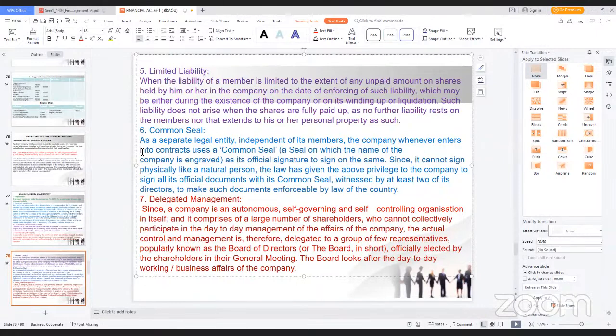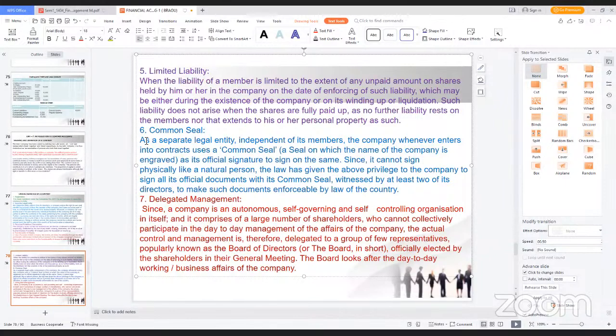Seal is nothing but the name of the company engraved on it, given when the registration has been made, and its official signatories sign on the same. So, signatures, everything, the common seal.